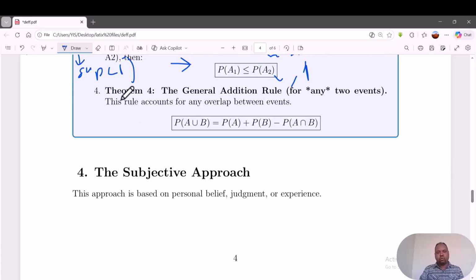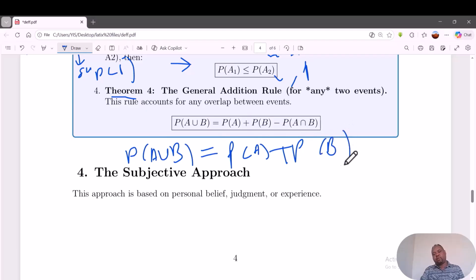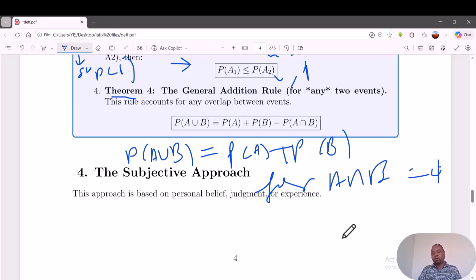Theorem 4 is the general additivity rule. We know the probability of A union B is the probability of A plus the probability of B when A intersection B is empty. But without this assumption, what will be the probability of getting A or B?